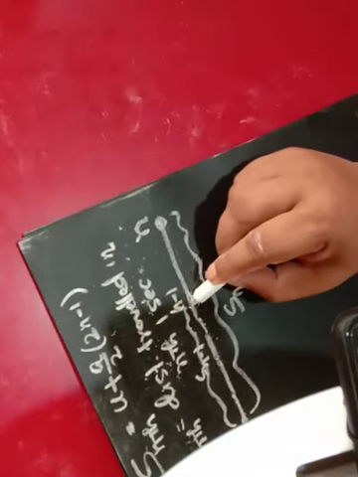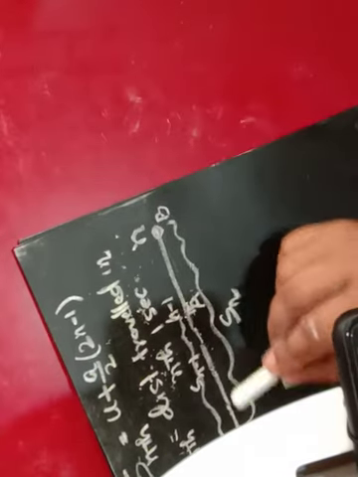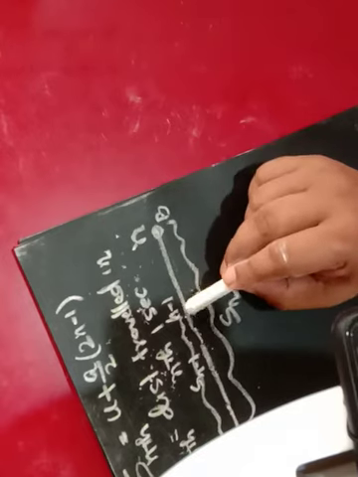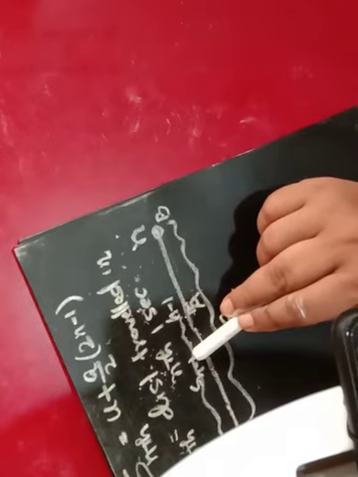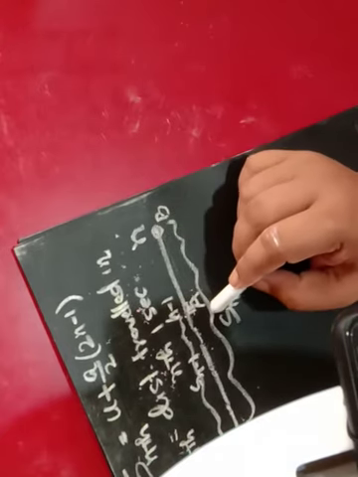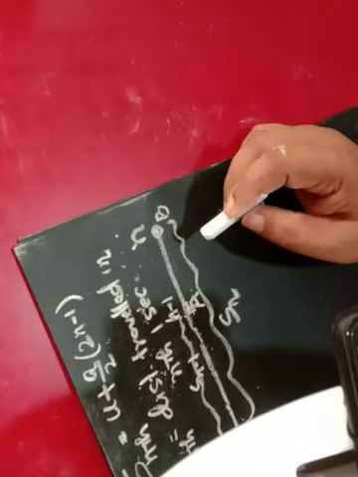All of you listen, that is the point A I am taking, this is the point B. The particle is moving from O to A in n minus 1 second. The distance is called the Sn minus 1. And from O to B, the distance traveled is Sn, that is in n second. So which one is the Snth?